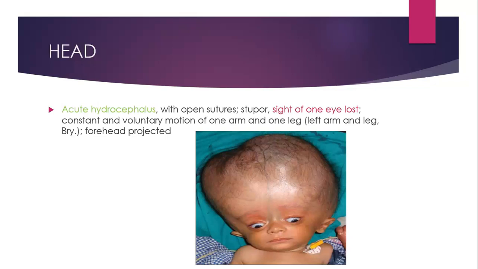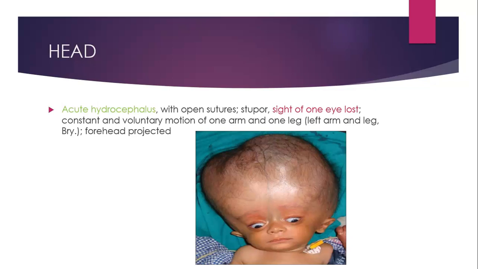Please see the child's head. This is nothing but hydrocephalus, or in another way you can say it's a macrocephaly also, but it's more correct to say hydrocephalus. Acute hydrocephalus with open sutures, stupor, sight of one eye lost. So I think you have kind of a hemianopia or anopia, whatever it is. You have constant and involuntary motion of one arm and one leg.